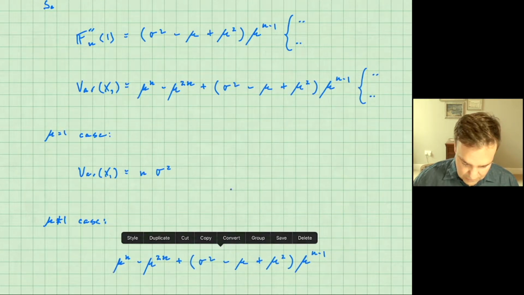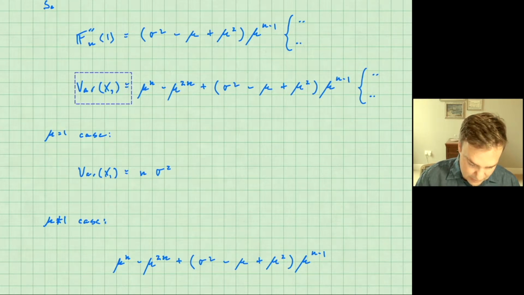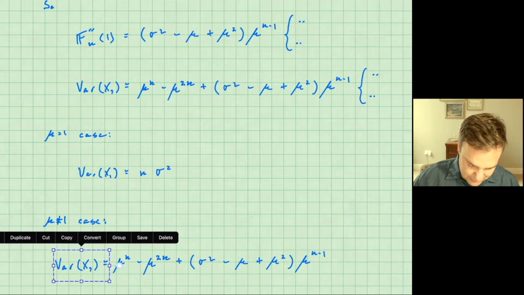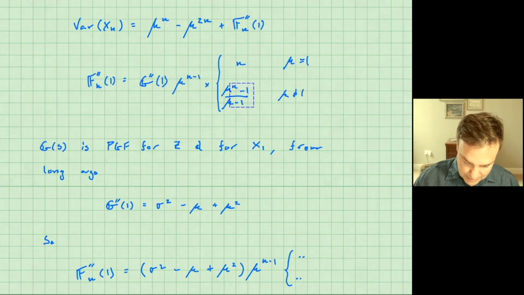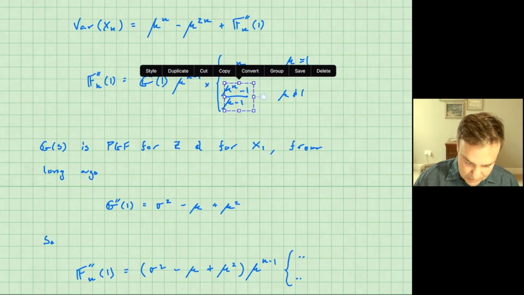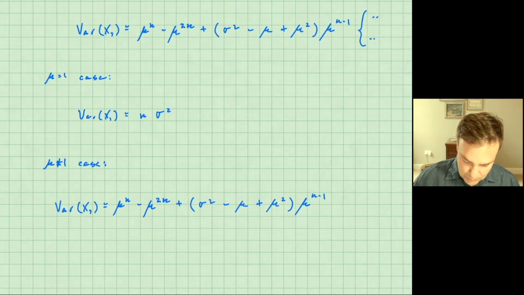And this is the variance, of course. I should have just kept the whole thing. Why don't I just take it all? Right, so I've got this guy here. And then the quantity that I'm going to multiply by mu to the n minus 1 over mu minus 1.